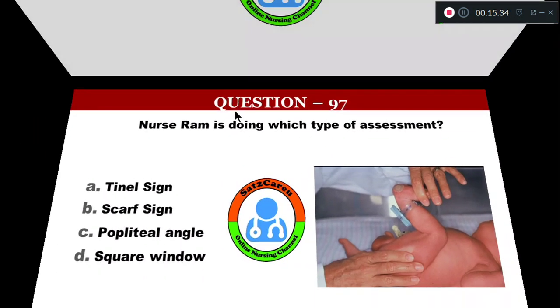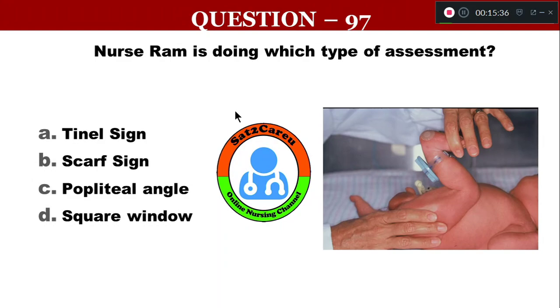Move on to question number 97, an image-based question. Nurse Ram is doing which type of assessment? Option A, Tinel sign. B, scarf sign. C, popliteal angle assessment. Option D, square window assessment. So this image indicates popliteal angle assessment is performed by the nurse.